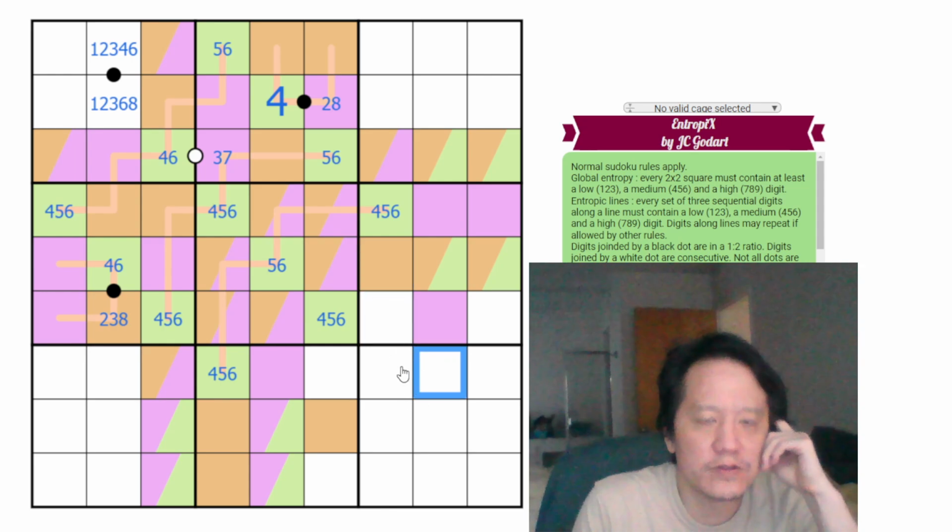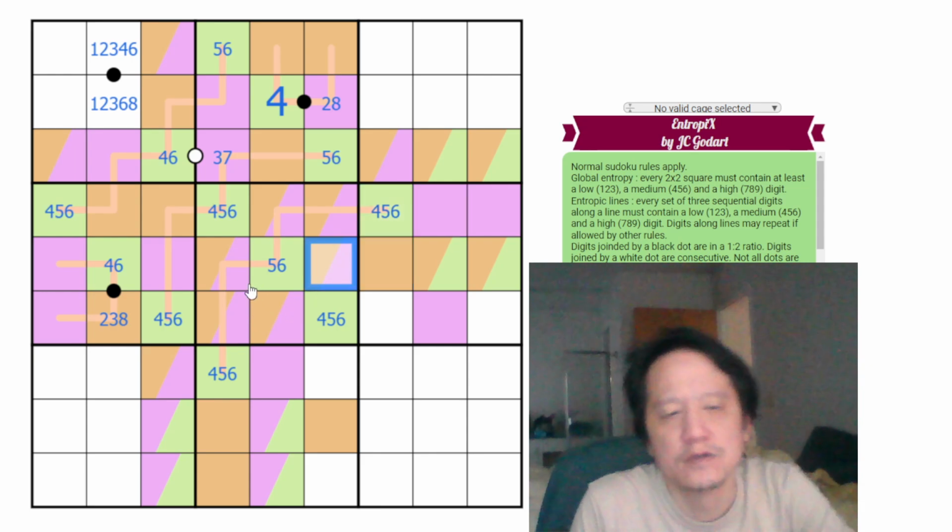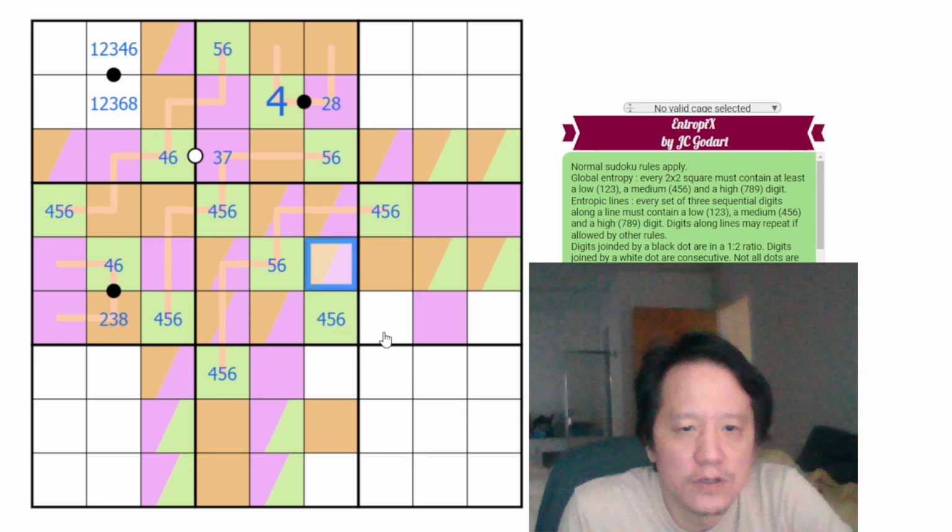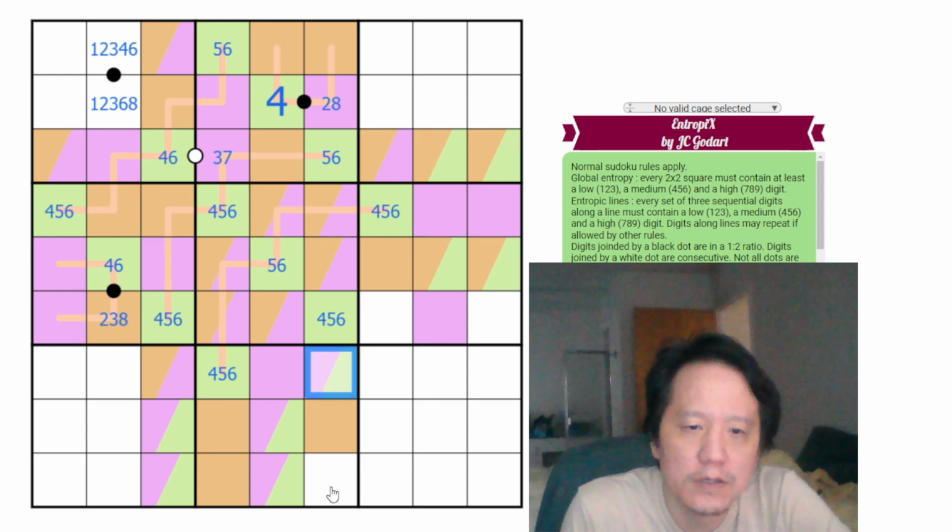Because of that, there is a pink here. That doesn't really tell us much. Green, orange, pink. This is green or pink. This is green or pink. This is green or orange.